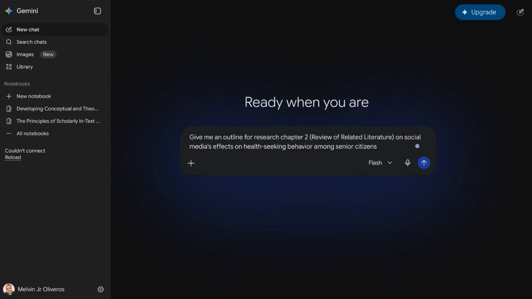Next, we'll look at barriers and facilitators that affect their engagement with online health resources. Finally, we'll identify gaps in current research to highlight areas needing further exploration. This structure will give us a comprehensive understanding of the topic and inform our study's direction.